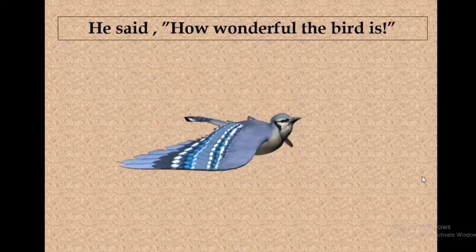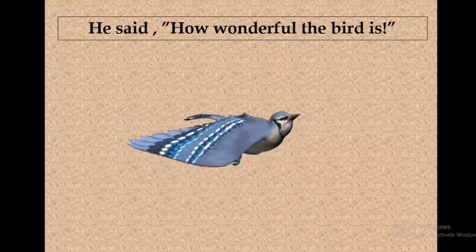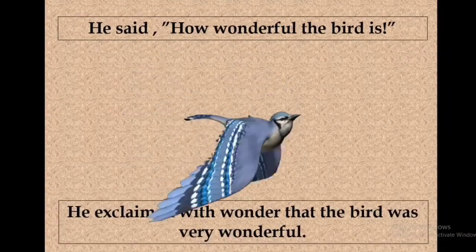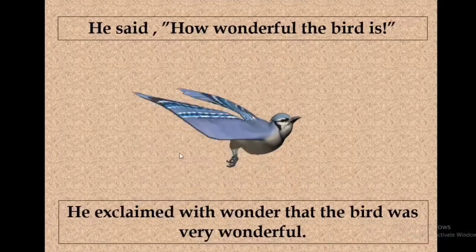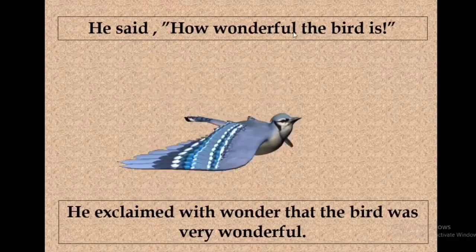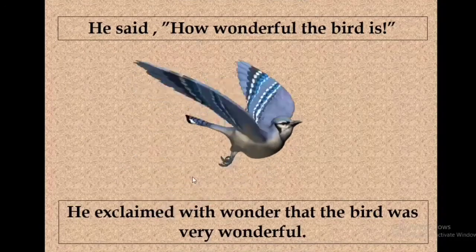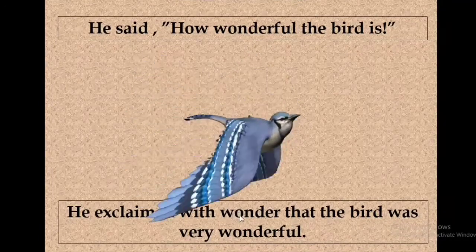Next: He said, "How wonderful the bird is." She exclaimed with wonder that the bird was very wonderful. Here, the reported speech expresses wonder, so we used "exclaimed with wonder" instead of the reporting verb.